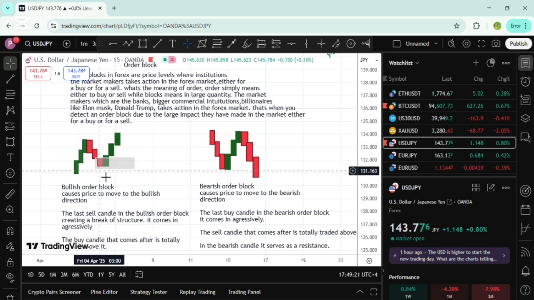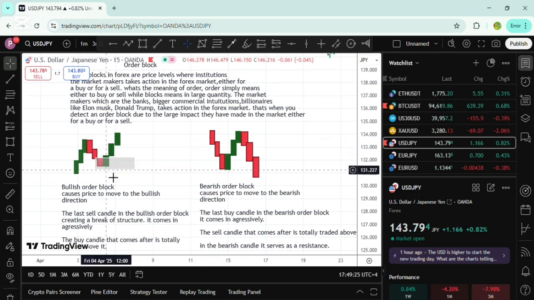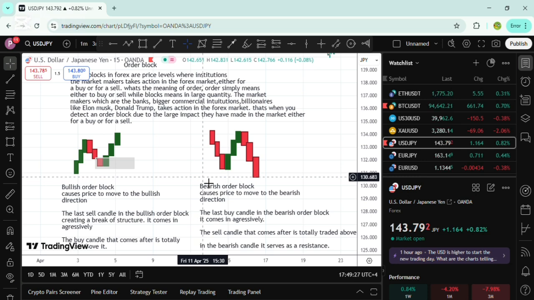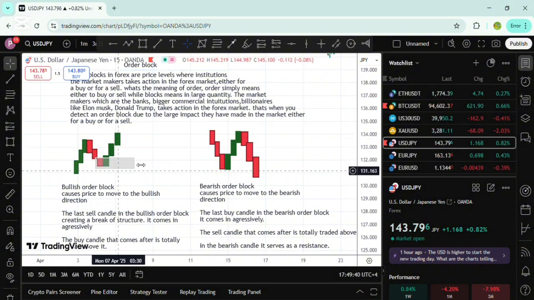So for the bullish order block, the red is the first negative candle before the bullish candle because the stake is making the chart, the candlesticks, go upward, is making the market go upward. I don't know if you understand me, but that's what the bullish order block is all about.